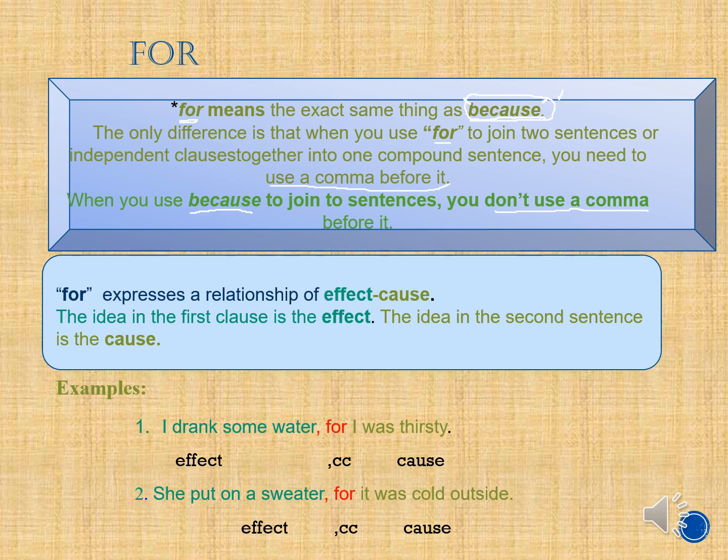So with for, we need to keep in mind that for means because, and when we are writing compound sentences, the first part is the effect and the second part is the cause.